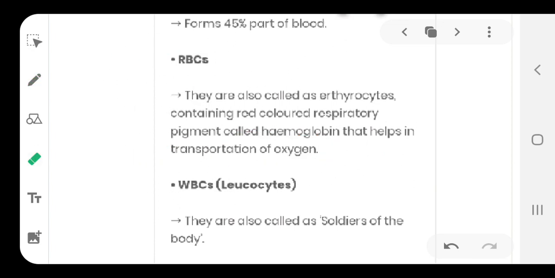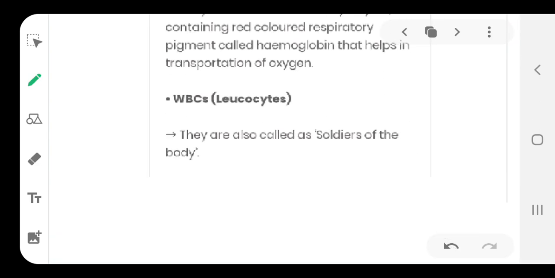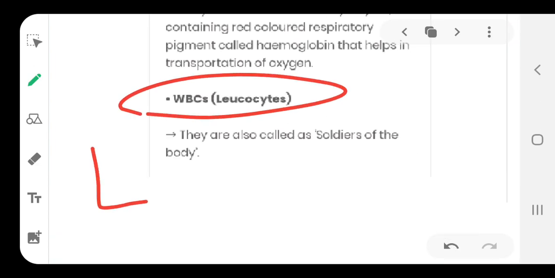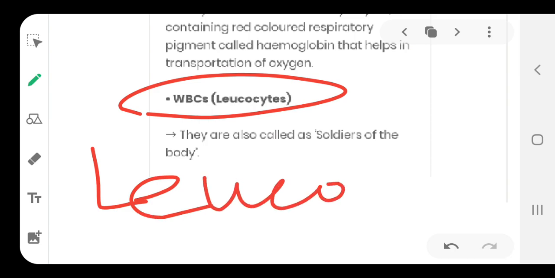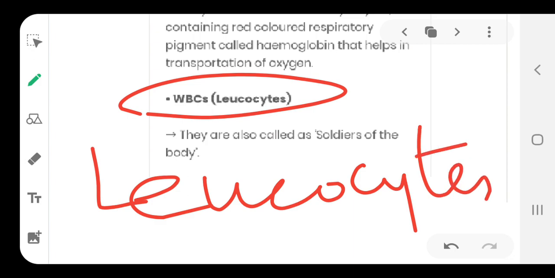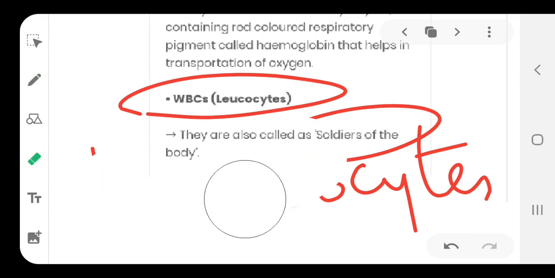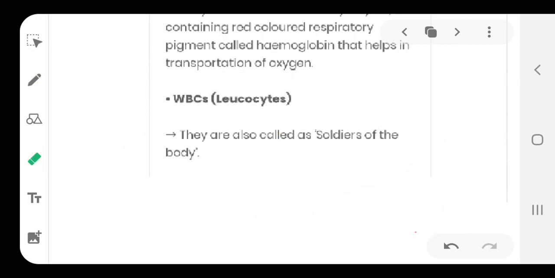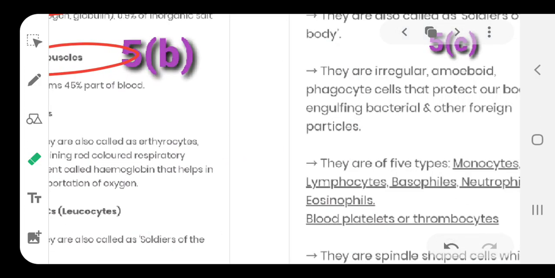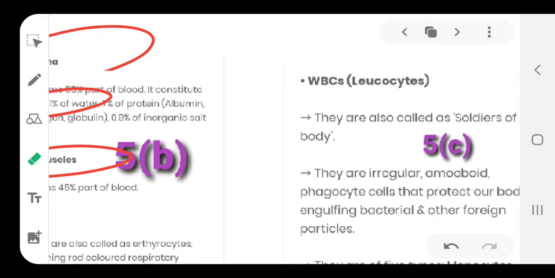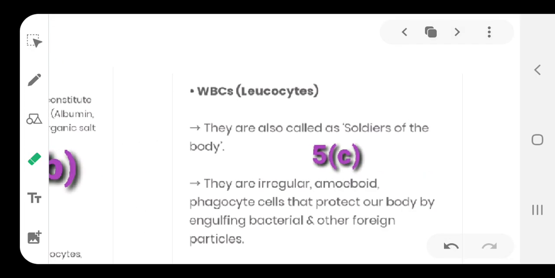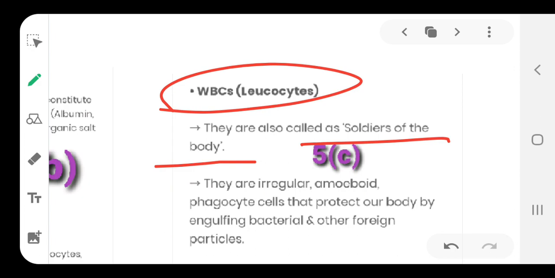Then the second blood corpuscle is the WBC, also referred to as leukocytes. They are the main soldiers of your body that protect it against any type of infection.